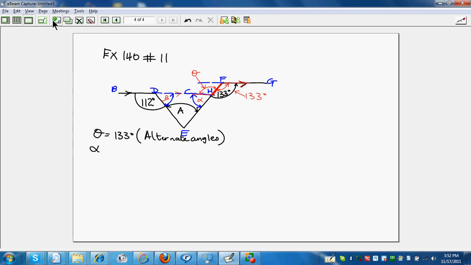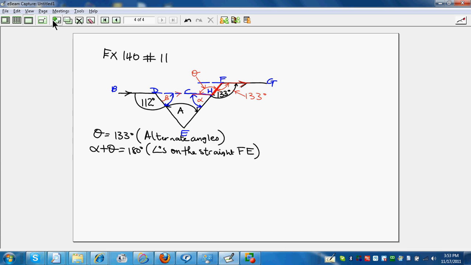Now, angle alpha plus angle theta will be equal to 180 degrees because these are angles on the straight line FE. So we write, the reason is that they are angles on a straight line, in this case the line is FE, just for more clarity.